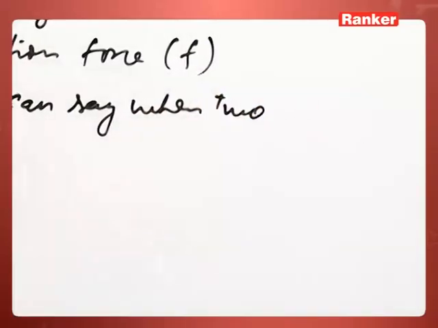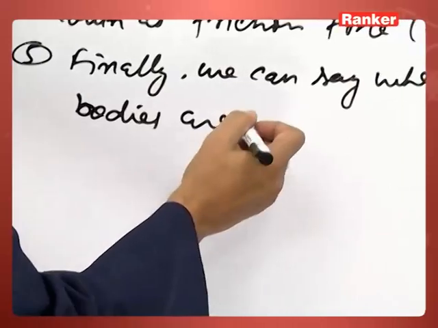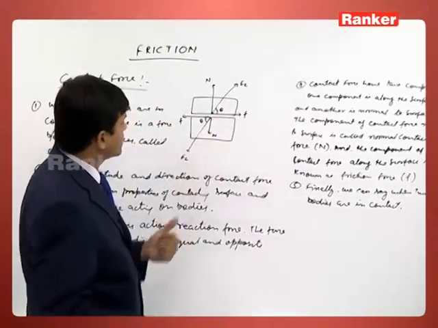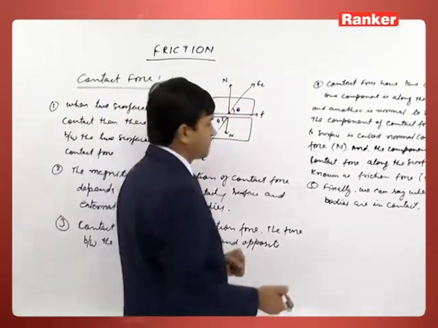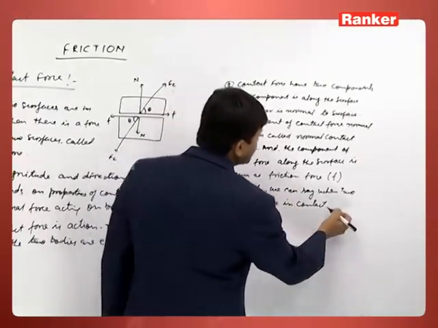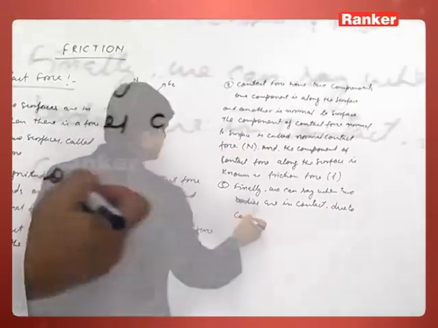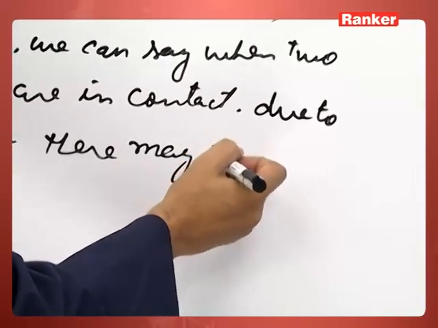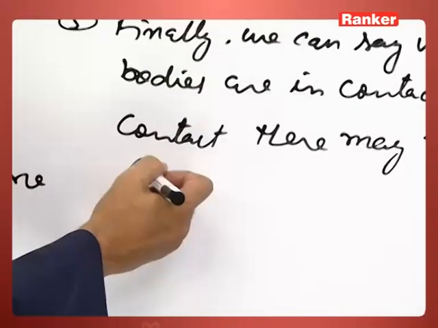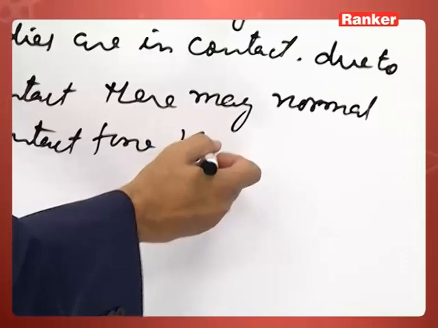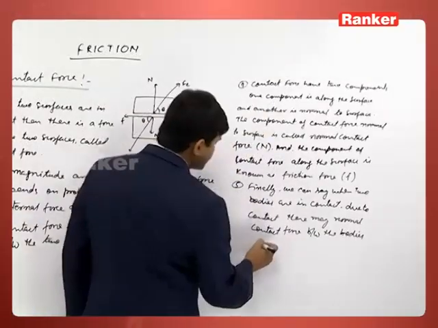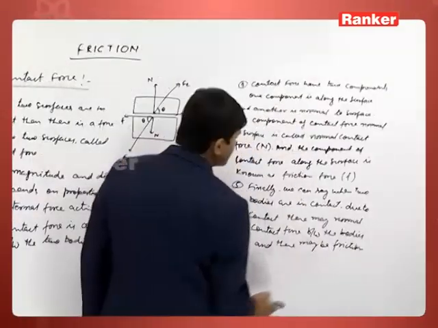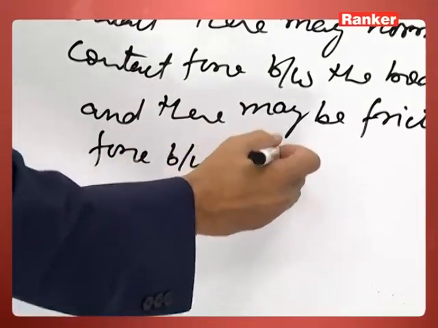When two bodies are in contact, due to contact there may be normal contact force between the bodies, and there may be friction force between the bodies.